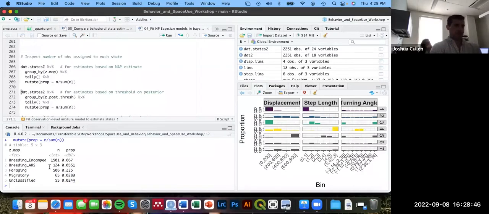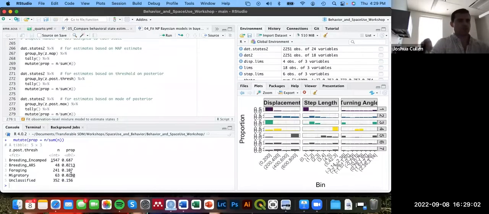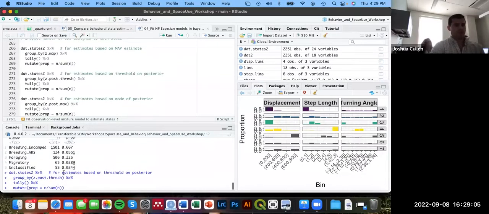So summarizing for the MAP estimate, about 67%, or 2/3, of the time these observations are assigned to the encamped state for the breeding location, and about 3% of the time is migratory. Compare that to the threshold metric, and also we have 2% of the time it's unclassified.